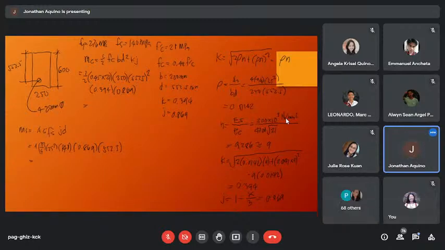MS is... 123, MC pala. MC is 123.46, 46 kilonewton meter. How about MS? Moment capacity considering steel.